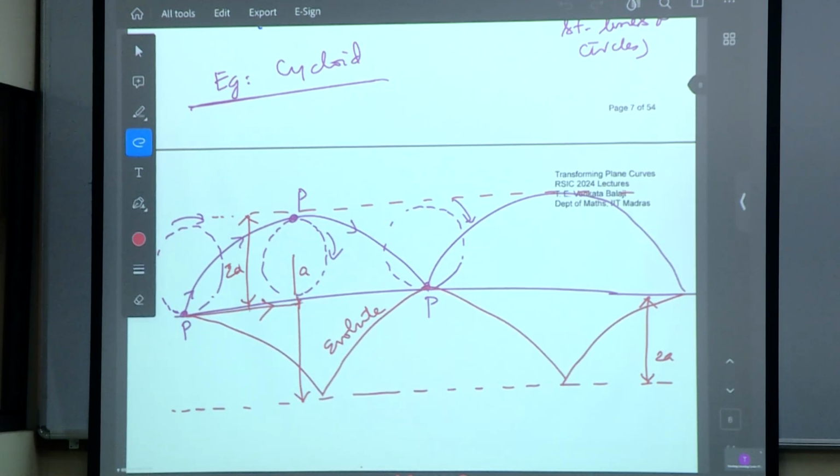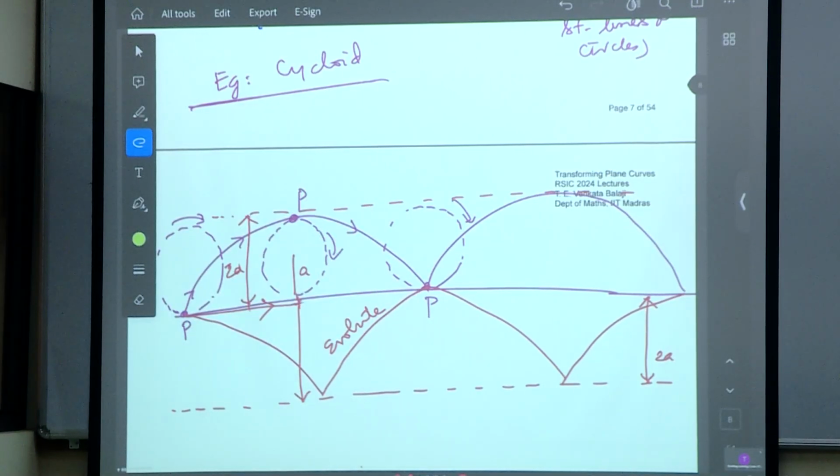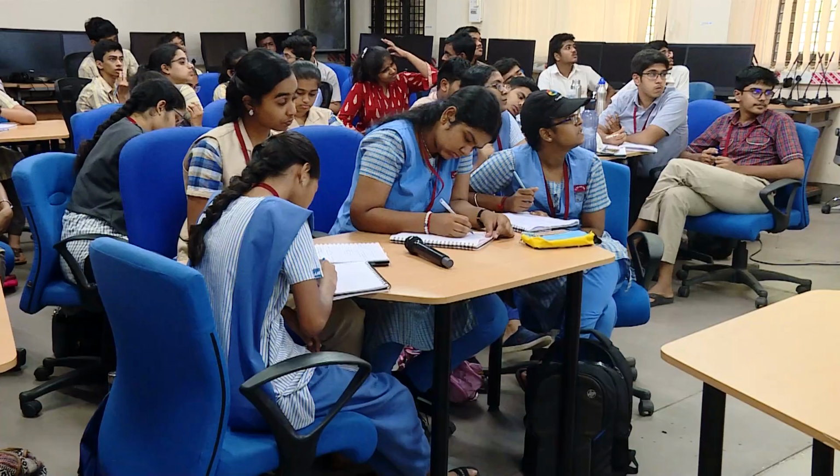If you take the correct involute, this is what you will have to take: take a piece of string like this, starting from here to here, and pull it out, and you will get this cycloid. Now if you continue it, you see the involute will again be a cycloid. This is the involute.